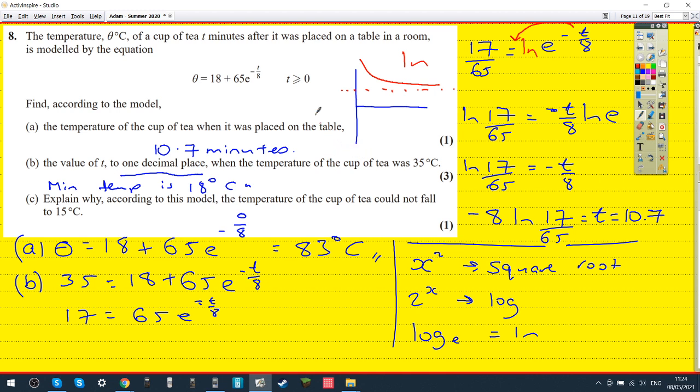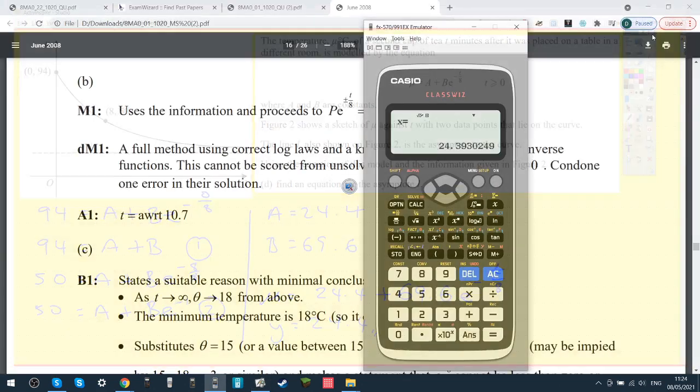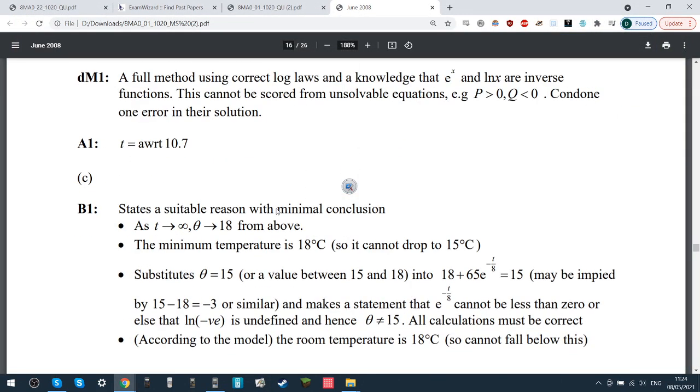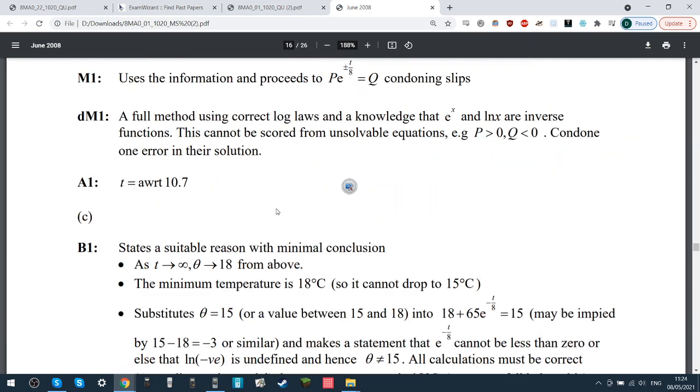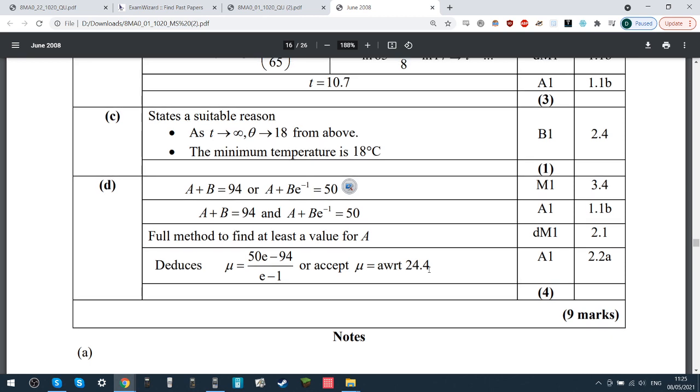Would it be 18? That'd be y equals 18. This one, so this would be 24.4. Yeah, y is equal to 24.4 because it can't get below that. I'm just curious if they wanted an exact value, because they didn't say to one decimal place for that part. So part D, anything which rounds to 24.4.